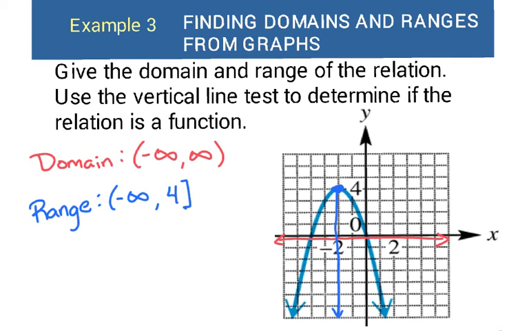And so for this one, if we were to plot any vertical line, you could see that it will pass this vertical line test, which means it's a function.